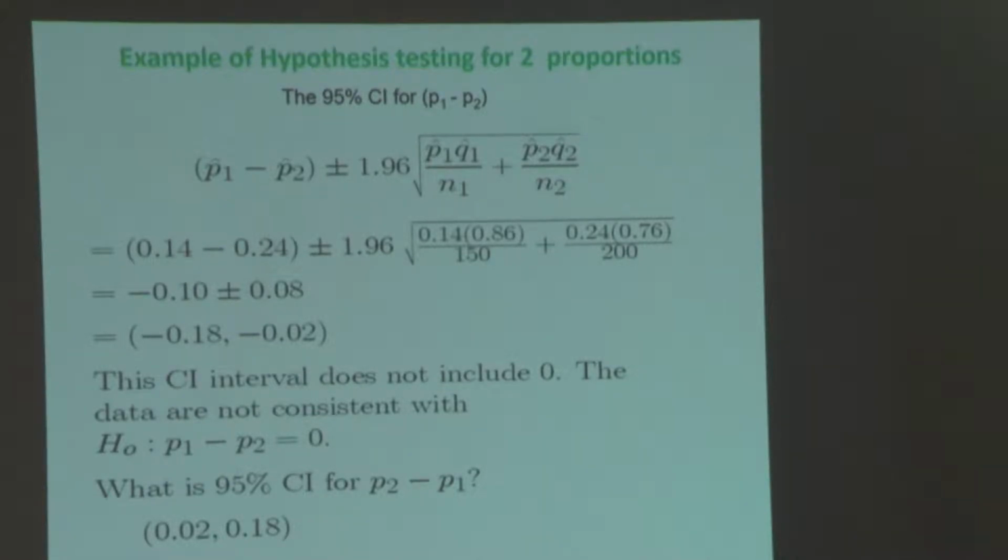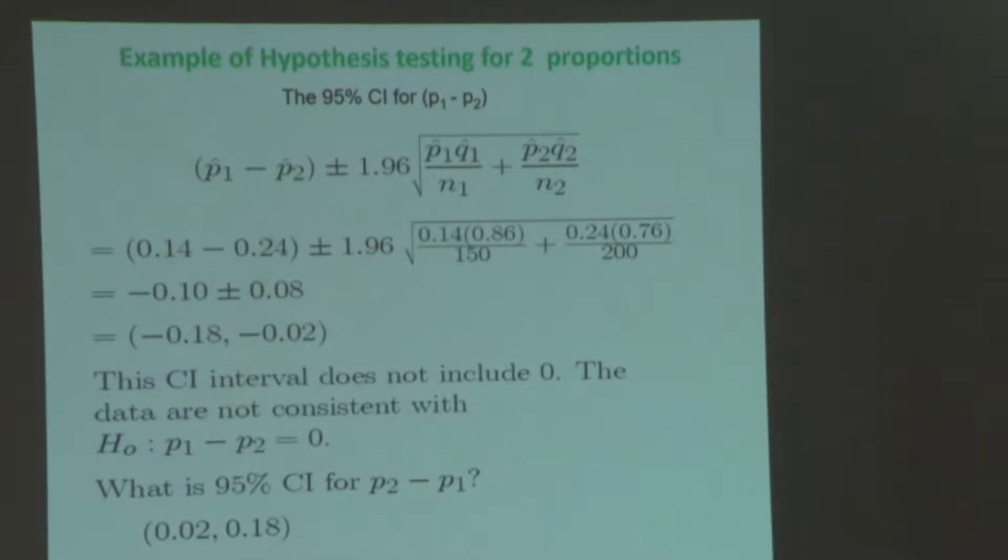That is one. But the second is that based on this sample alone, we are 95% confident that the true difference in the population parameters is between 0.18 and 0.02.